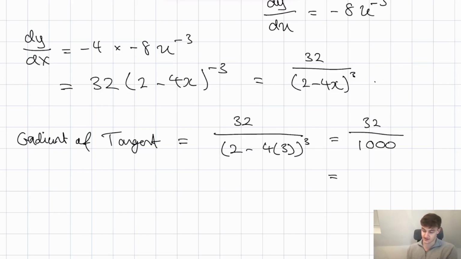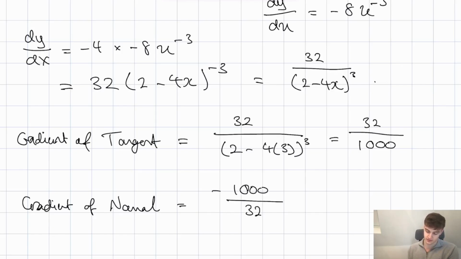So that's going to be 0.032. Right, so maybe we don't need to do that, because that means the gradient of the normal is the negative reciprocal, so it's negative 1,000 over 32.